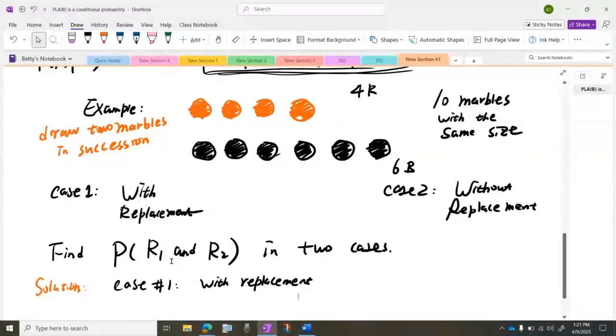Are they dependent or independent? Think about it. Would the first time we got a red marble, or not, change or affect the chance of the second time getting a red marble? Would R1 in any way affect R2?